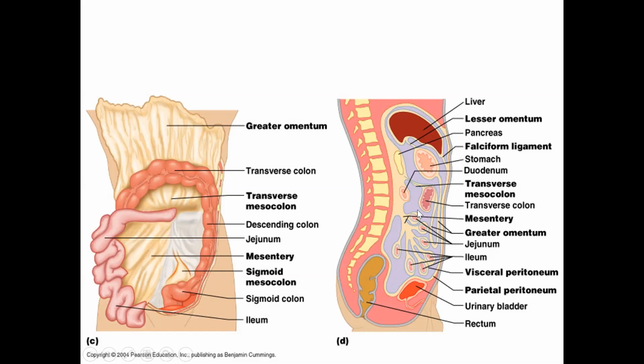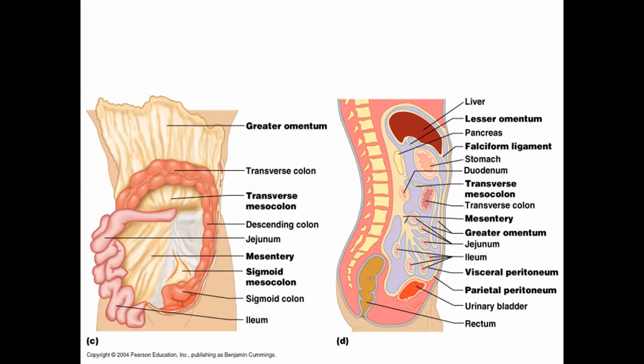Okay, and then inside the abdominal cavity, because we have so many organs and some of them are really long and big, like the intestines, we got to have a good way to organize all these tubular structures. Otherwise they might be tangling and moving in all different directions.